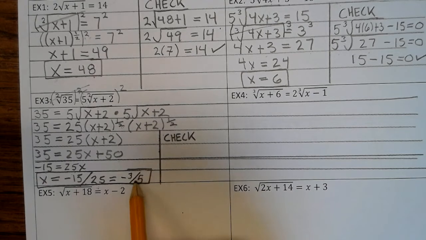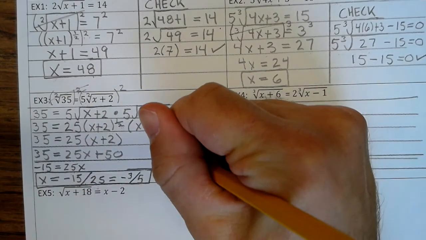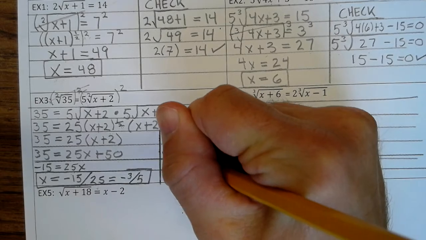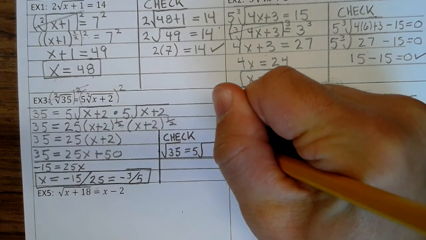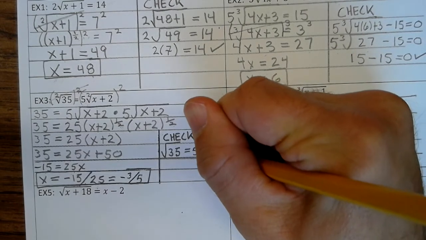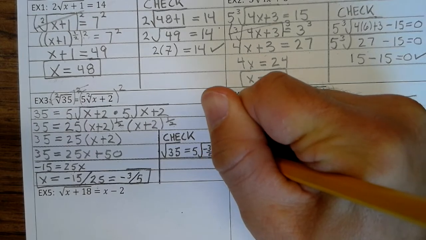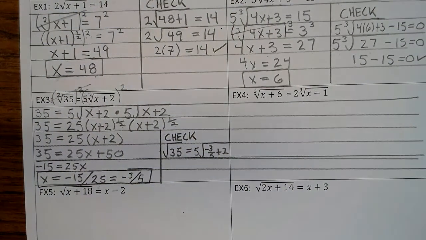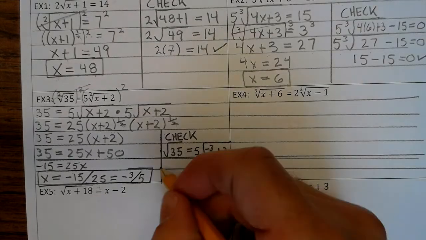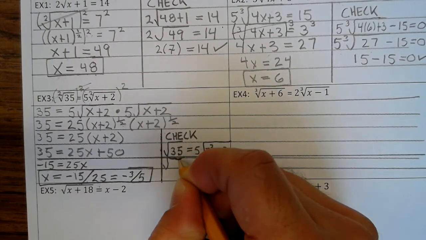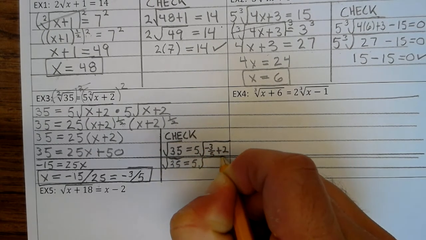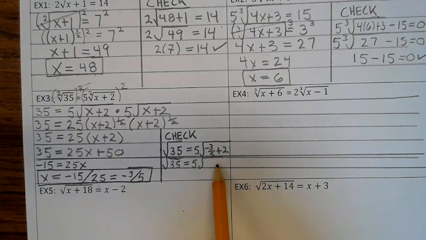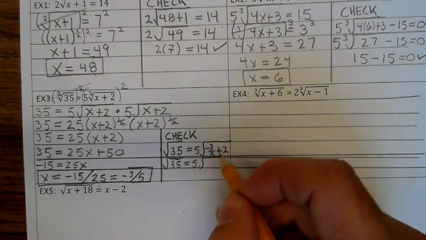All right, so you substitute negative 3/5 in for x. So the square root of 35 equals 5 times the square root of negative 3/5 plus 2, which becomes the square root of 35 equals 5 times negative 3/5 plus 2 is 7/5.